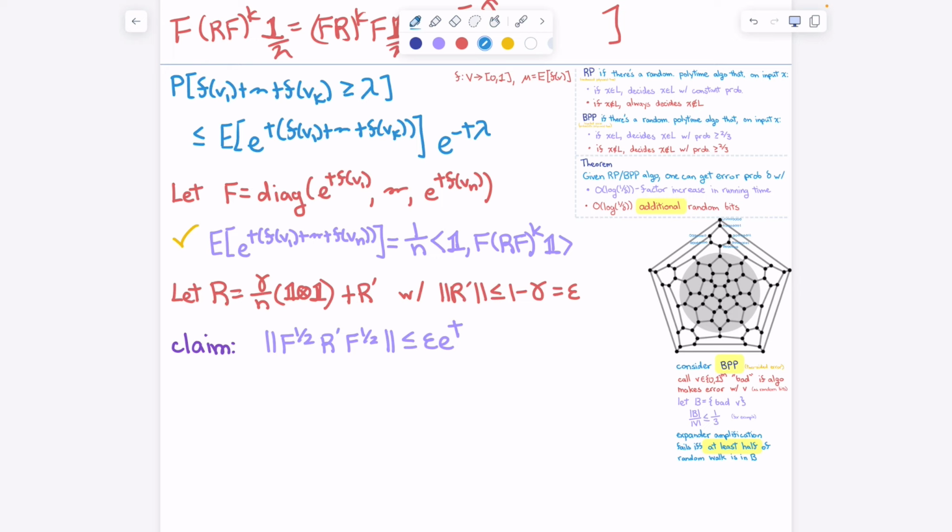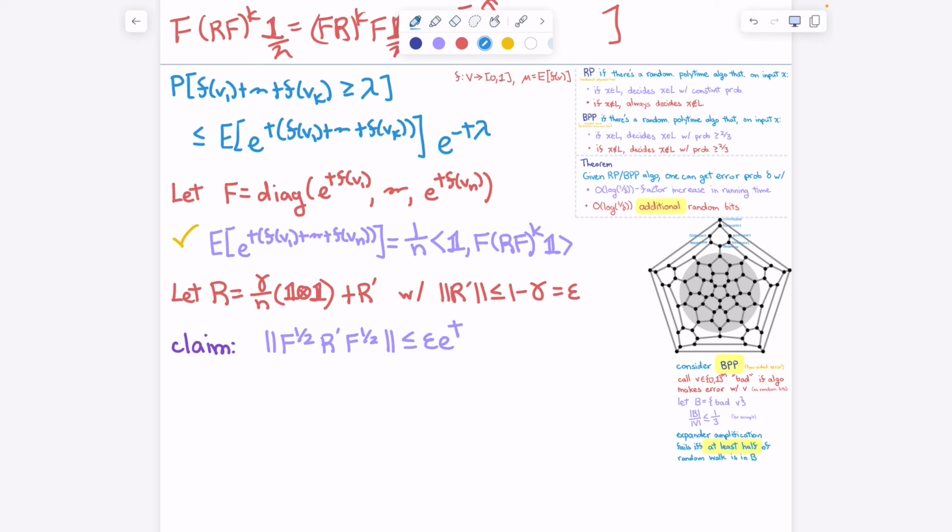That's okay. So the claim is that f to the 1/2 R prime f to the 1/2 is at most epsilon e to the T, where epsilon is 1 minus gamma. So that really represents the second largest in absolute value, right?